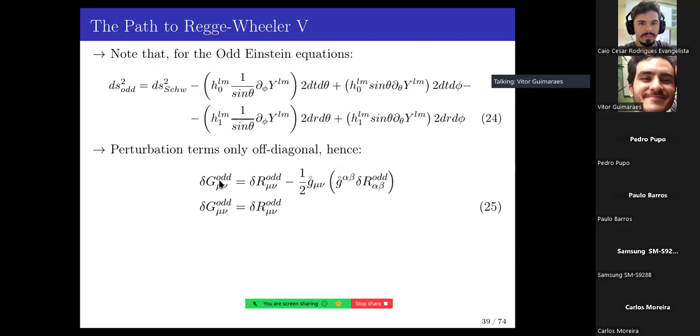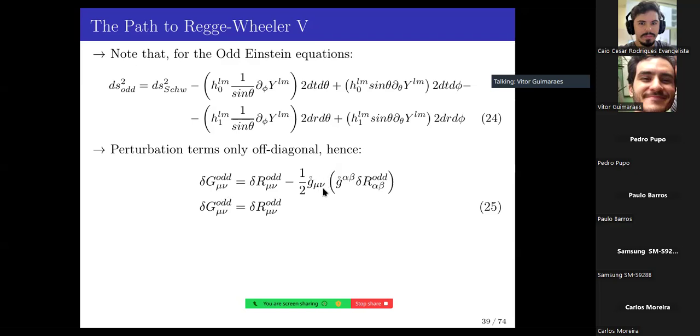Okay, so the delta g mu nu will use only the terms that are perturbative, that are in first order in h somehow. So you see that these perturbative terms in the odd line element are only off-diagonal terms, which means that as far as the perturbed Einstein tensor is concerned, the diagonal terms here will go to zero, right?